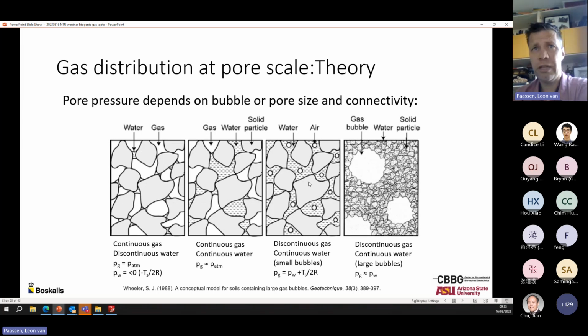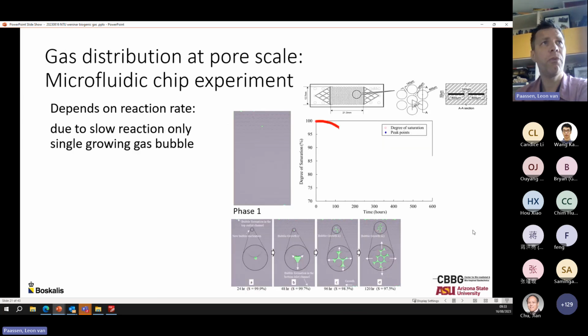So, trying to understand the mechanics and the distribution of the gas at pore scale, we performed some microfluidic chip experiments. This is a former PhD student of mine, Dae-Yoon Kim. He injected the substrates into a microfluidic chip and then monitored the gas formation and distribution. The chip was placed in a vertical position, and gas was able to flow up as a result of buoyancy. Within this experiment, we found two phases.